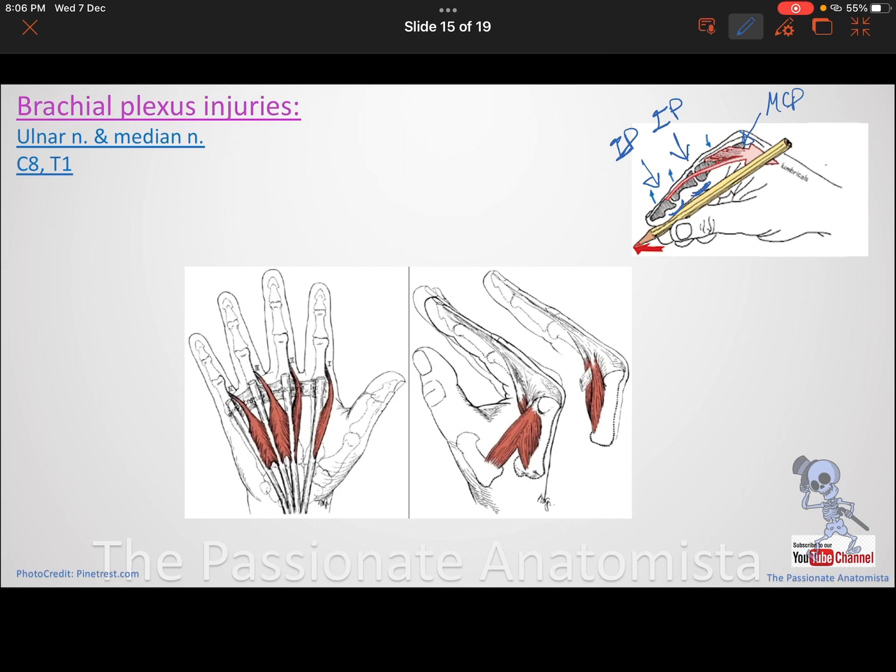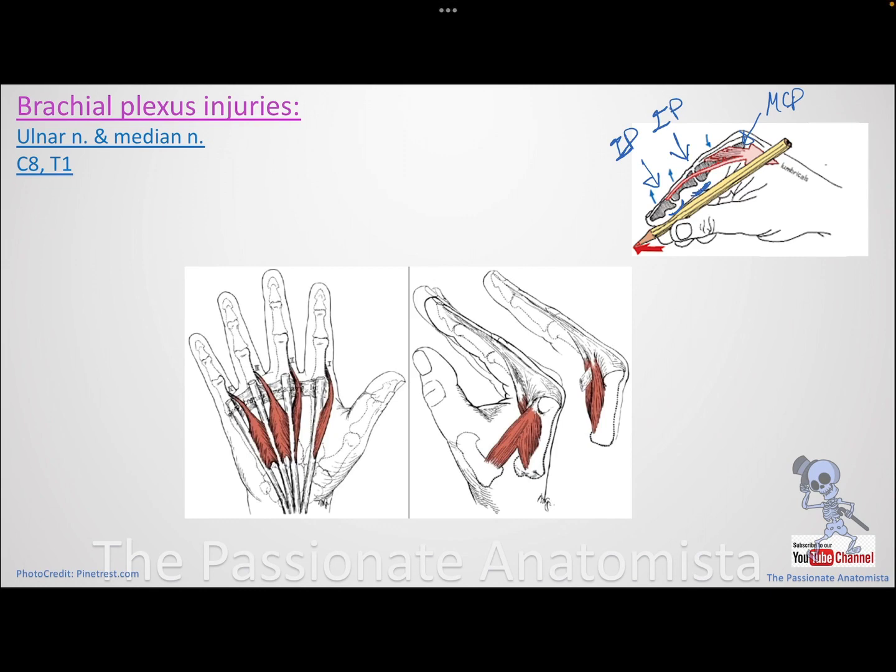So if you want to put your hand in the writing position, just do it now and tell me, what do you have? I have flexion in the metacarpophalangeal joint, and I have extension in the interphalangeal joint. So the lumbricals muscle is doing that, and the lumbrical is supplied by median and ulnar, and this is how the lumbricals are coming out of the tendons of the profundus muscle.